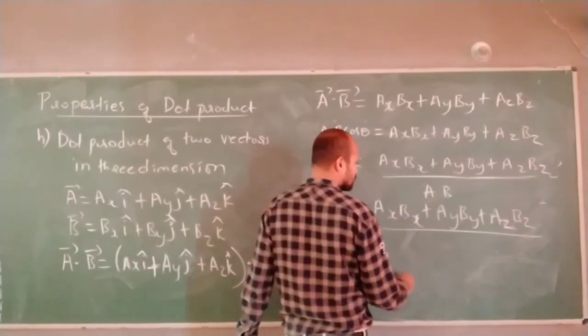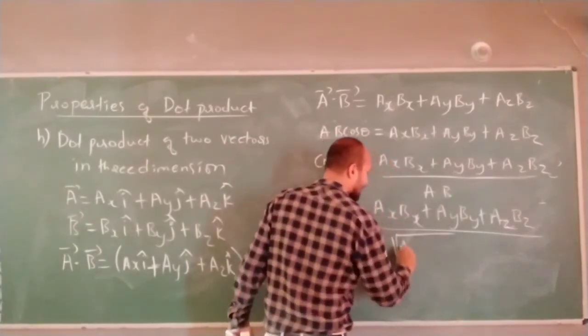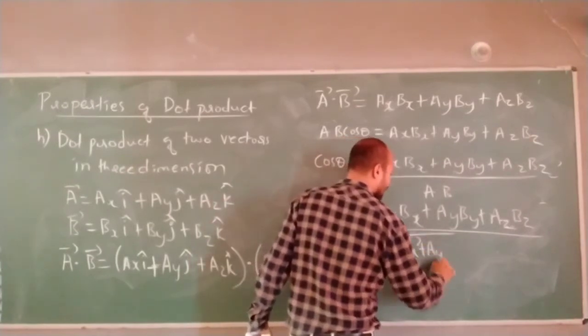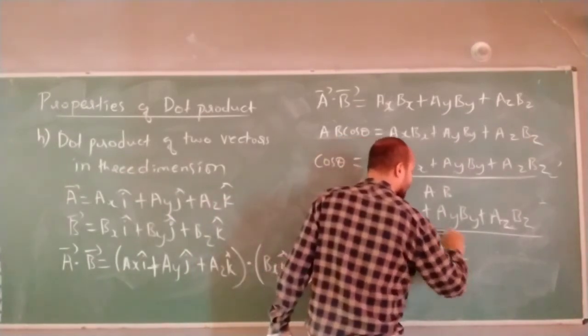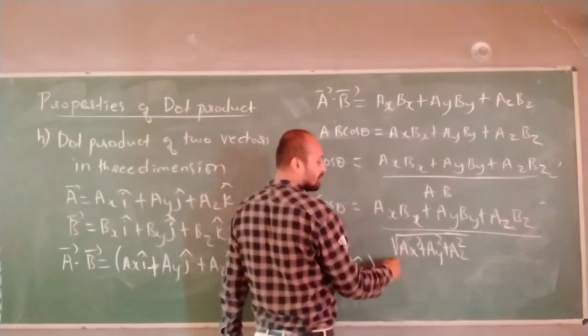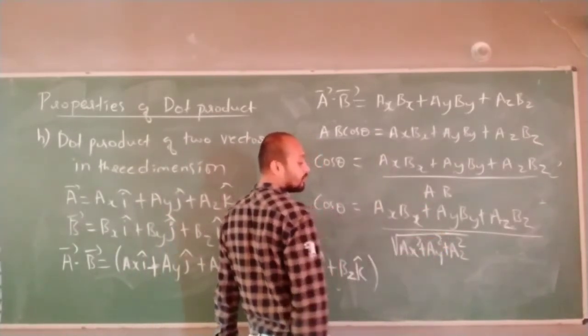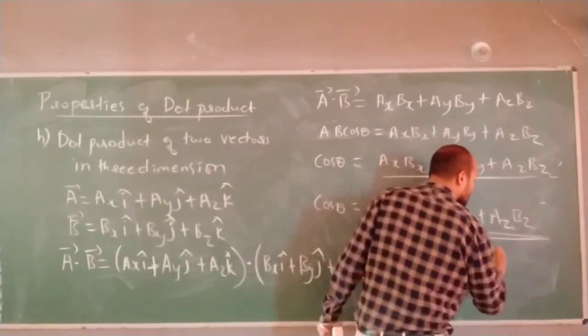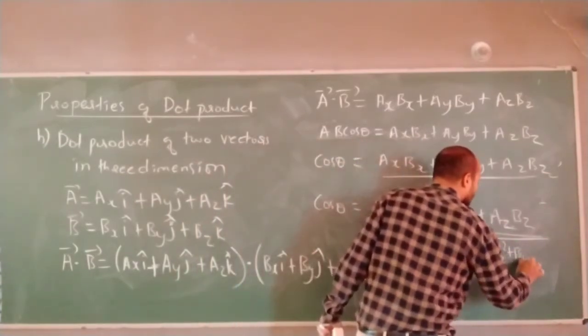AB means how much? Root of AX square plus AY square plus AZ square. If I want to write completely in terms of AX and BX, the magnitude of A is root of AX square plus AY square plus AZ square into root of BX square plus BY square plus BZ square.